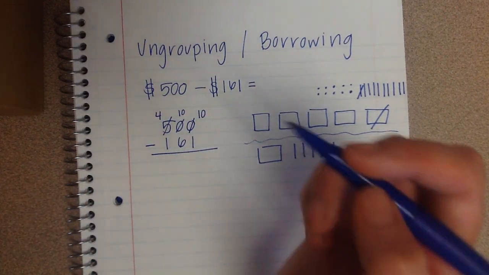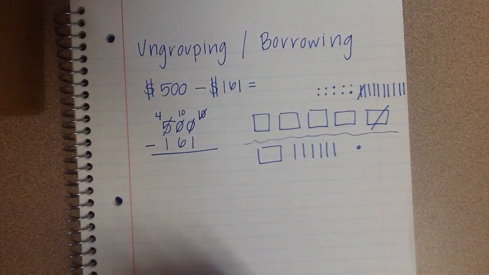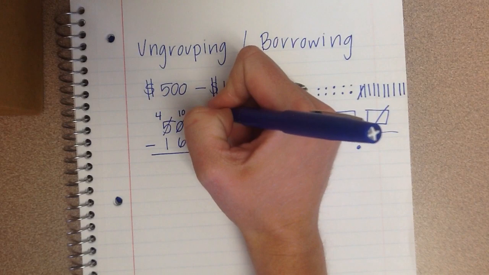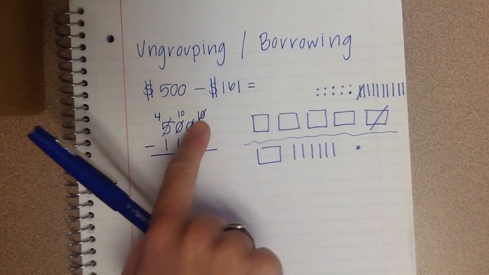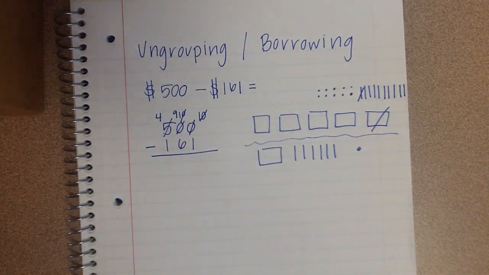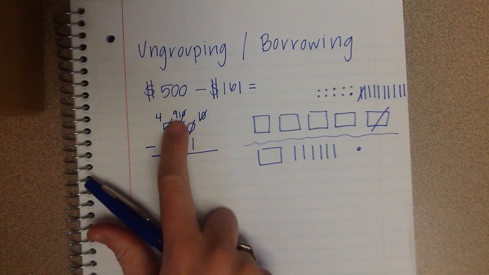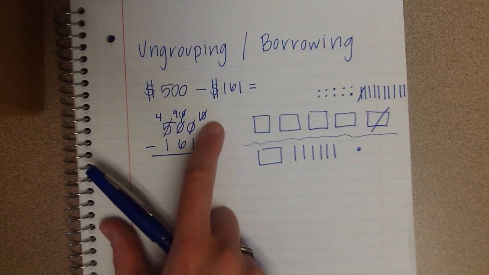So what happens is, sorry, that stays at 10. I know I marked through, I'm sorry. This becomes a 9, right? Because we had to change one of those 10s into ones.